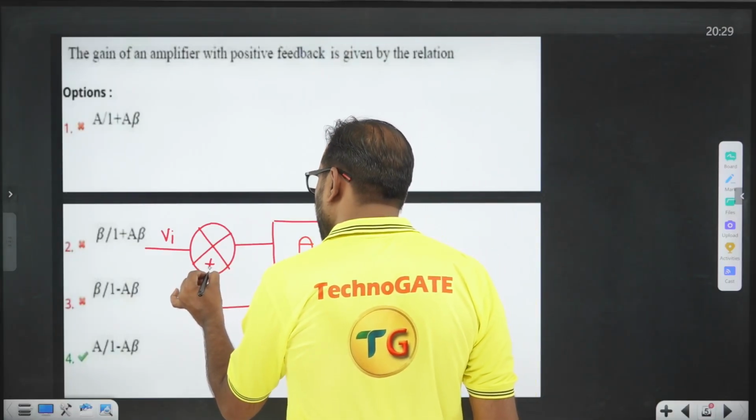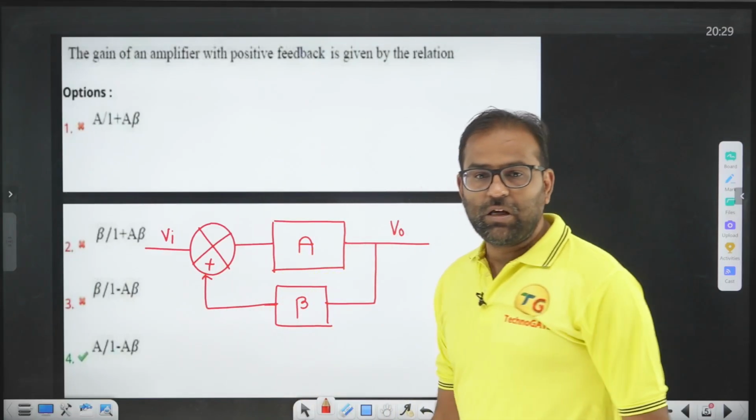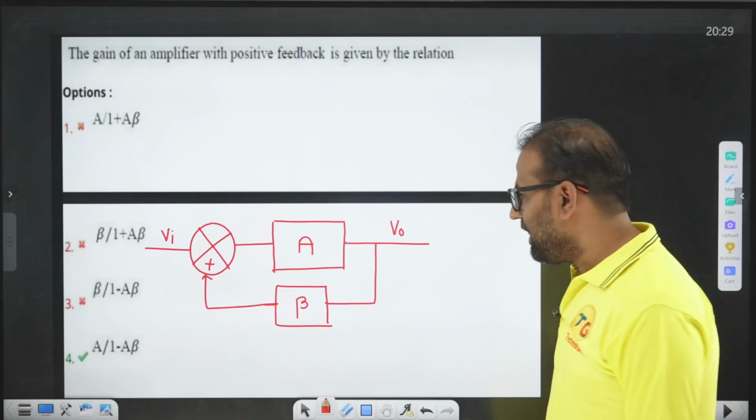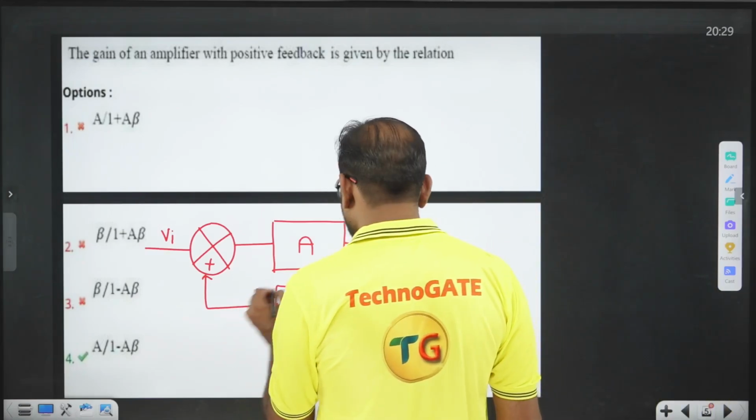But if this feedback is positive, the link between output and input is known as feedback. So can I say this is positive feedback?